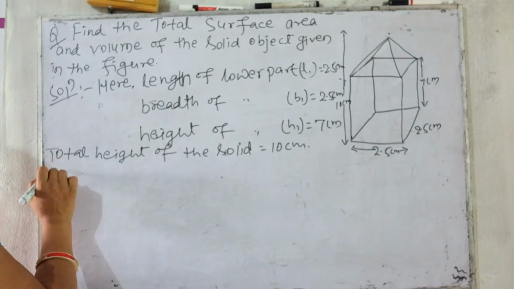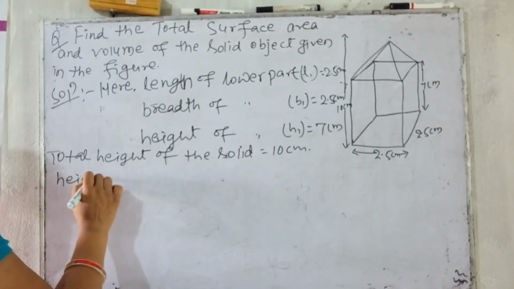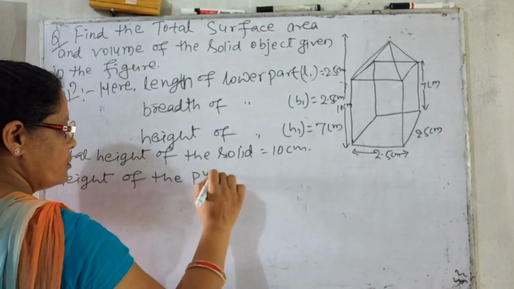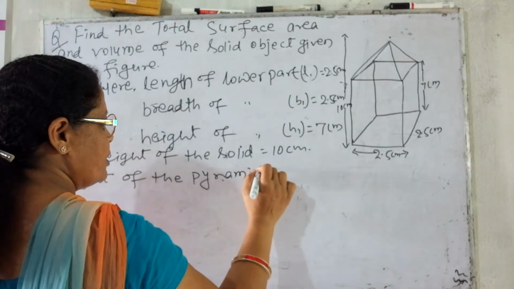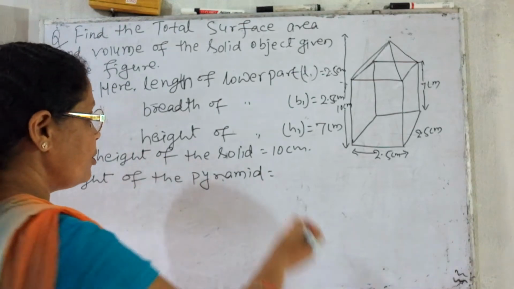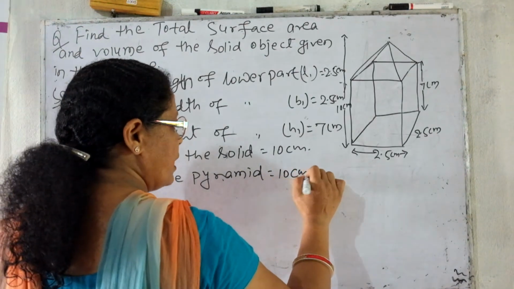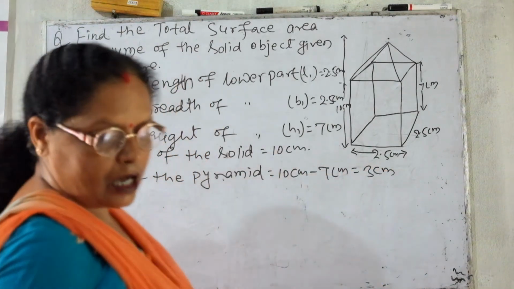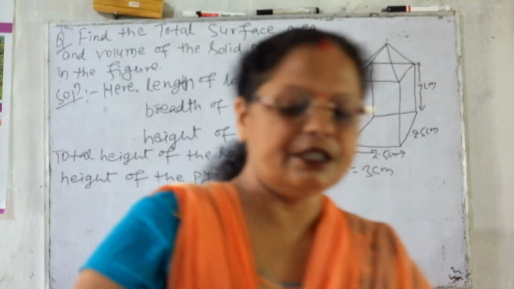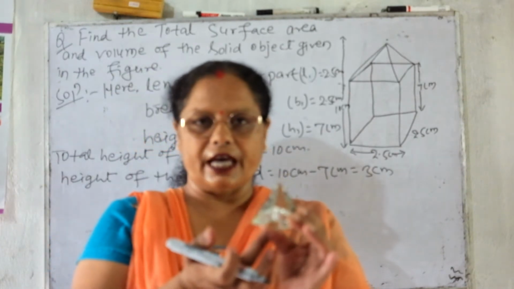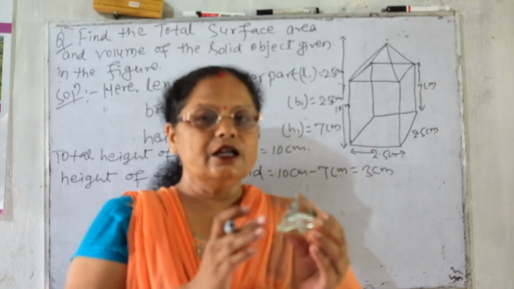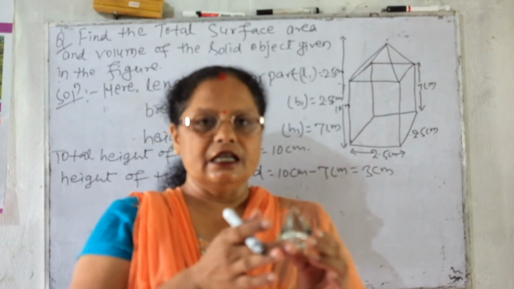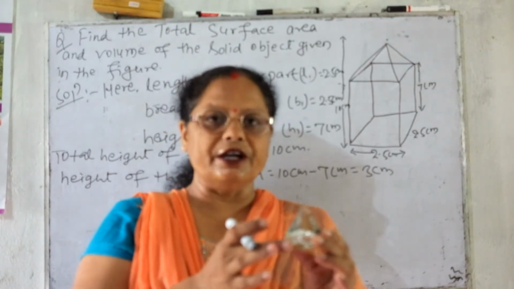Then the height of the pyramid will be 10 cm minus 7 cm equal to 3 centimeter. This height of the pyramid we have already found.